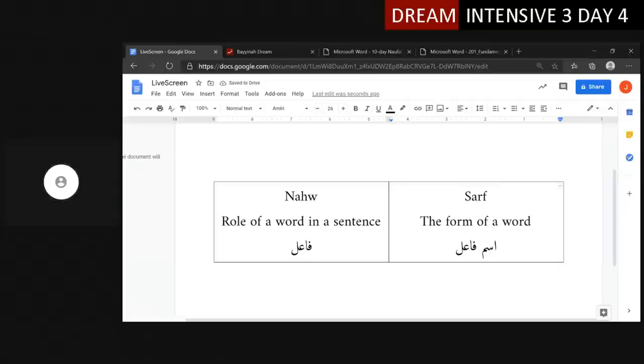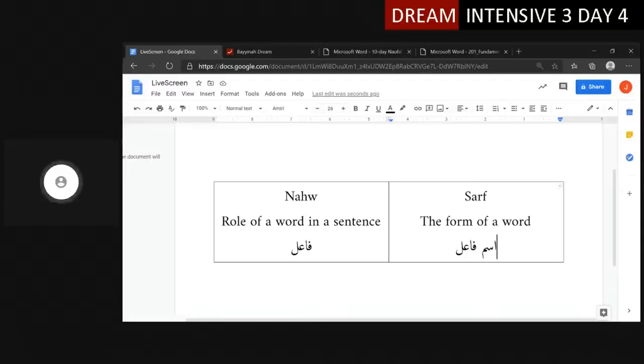Again, fa'il is the role of a word in a sentence. Ism fa'il is the form of a word. These are completely separate things. Okay? So a word can be in ism fa'il, but that's just the form. Like a word can be past tense. It can be a past tense fi'l. That's its form.